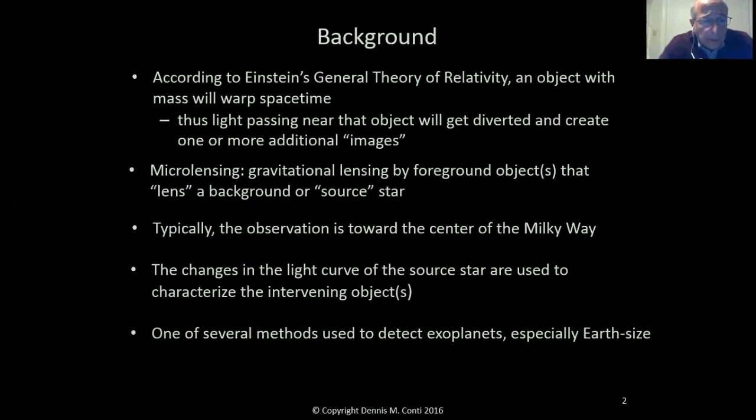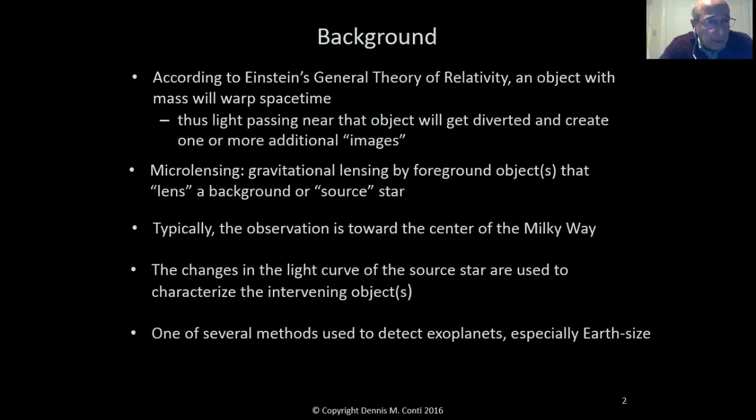By the way, when I say throughout this presentation that a foreground object moves in front of a background star, strictly speaking, I really mean the combined relative motion of a foreground object and a background star relative to an observer here on Earth. In addition to being able to detect exoplanets, what's nice about microlensing is it can detect Earth-sized planets.